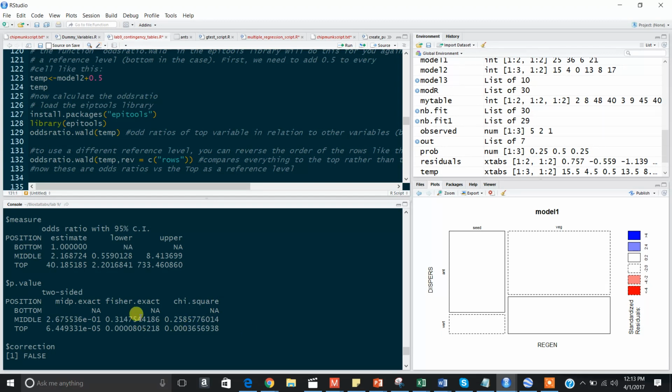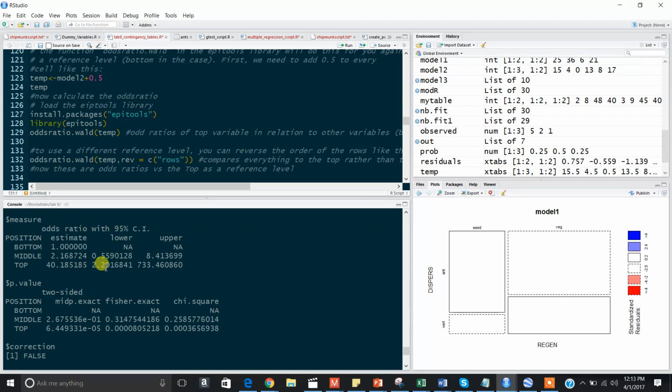And then the odds of middle versus bottom are given by these values, and then top versus bottom. Sorry, these are your actual odds, and then these are whether they're significant or not.